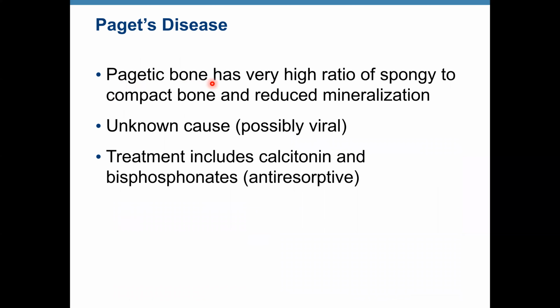So Pagetic bones have a very high ratio of spongy bone. The cause of Paget disease is unknown, and there is some treatment available that increases calcium absorption and calcium level in the bones, right? So some treatment is available.